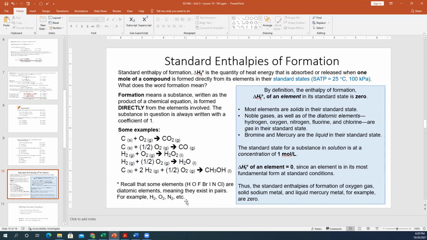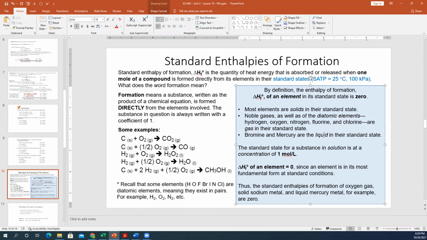And most other elements are solid in their standard states. Noble gases, as well as these diatomic elements that we were just naming here, like hydrogen, oxygen, nitrogen, fluorine, chlorine, are gases in their standard state. Bromine and mercury are 2 that are liquid in their standard states.